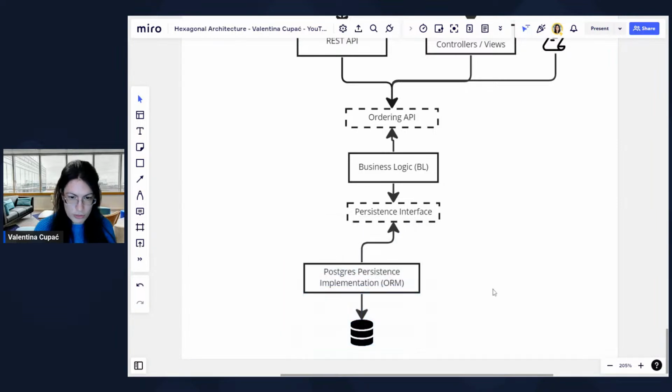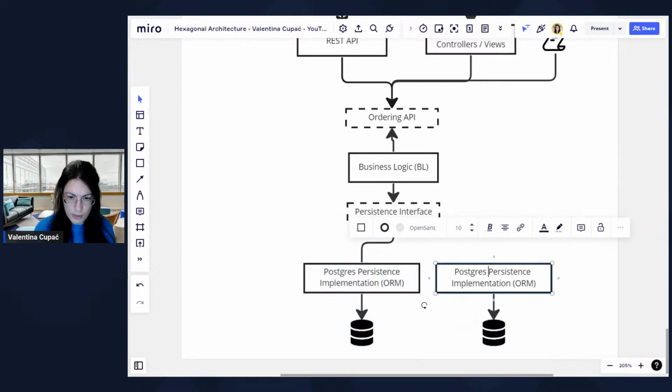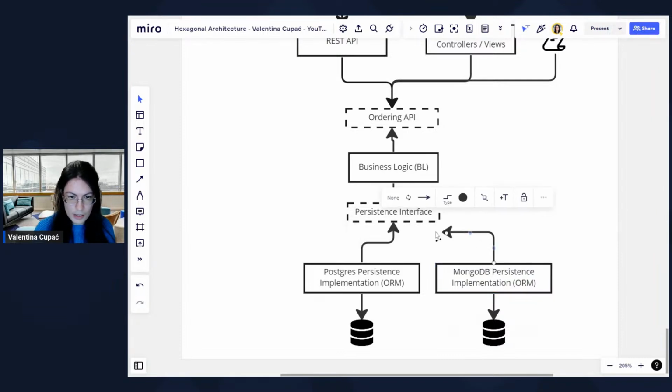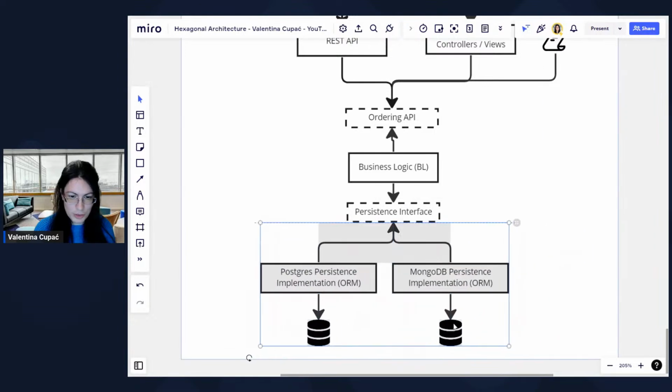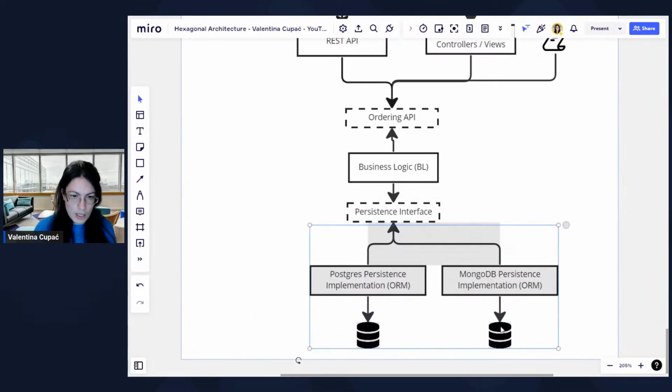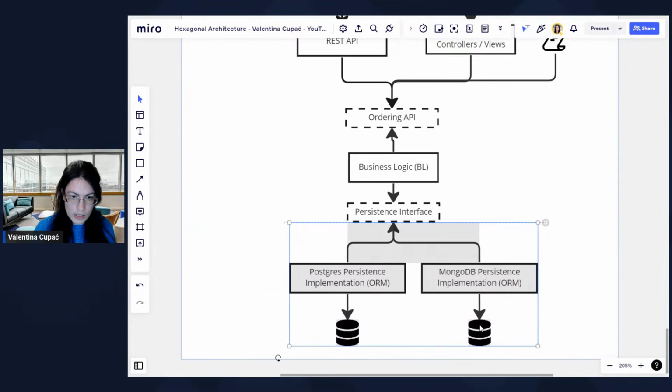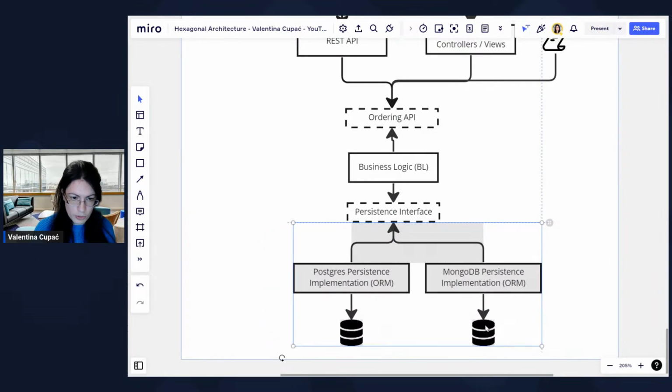Maybe we could be using MongoDB. And again, it is implementing. And let's see, did we have anything else? Or we could have Elasticsearch or whatever else implemented. So this solves the possibility for multiple implementations to exist.